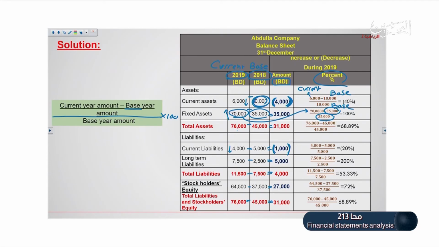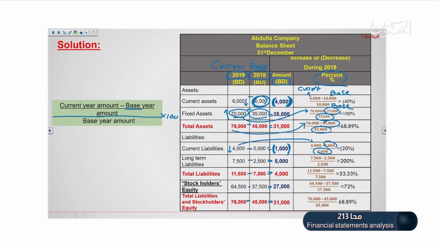The same as total assets, 76, we will apply it in the formula, then we will add 45,000 over 45,000, the base year. Okay, the same for the whole amount, 4,000, then minus 5,000 over 5,000 equals 20%.